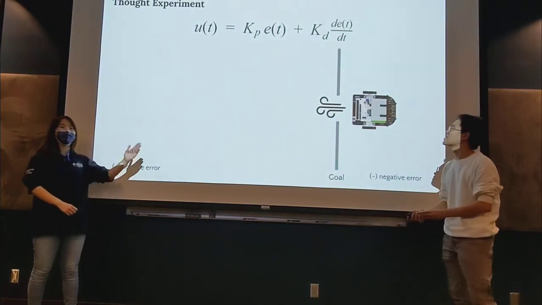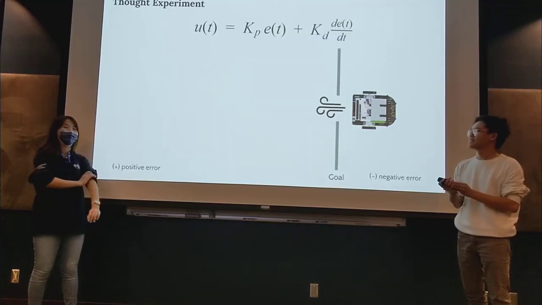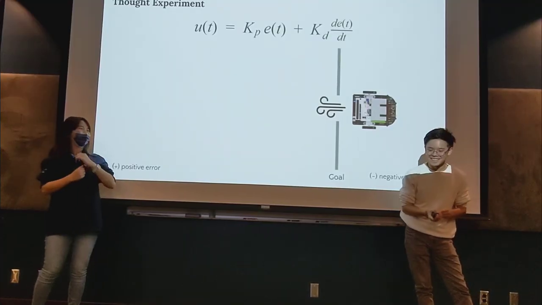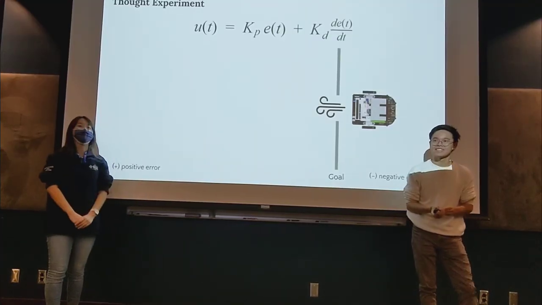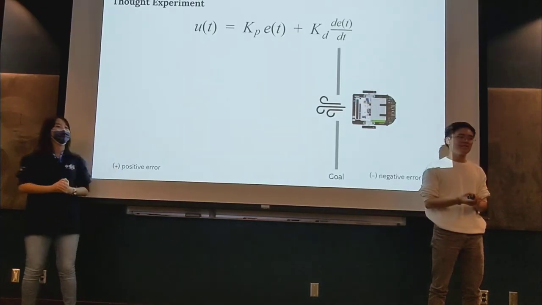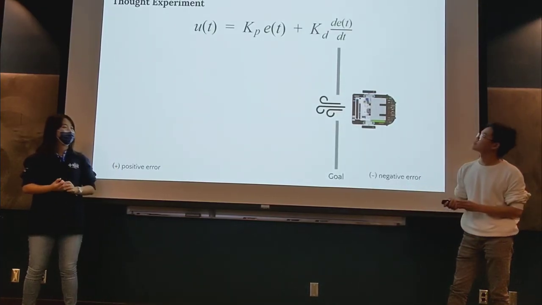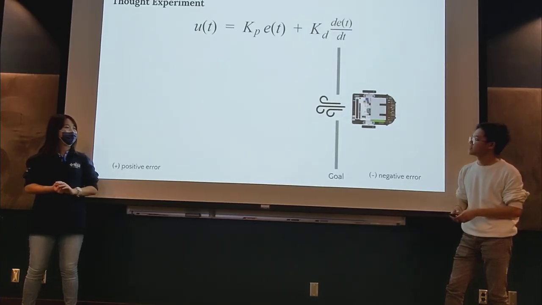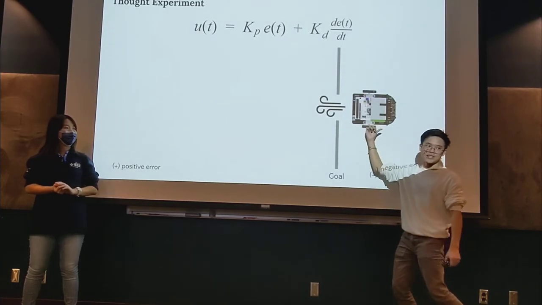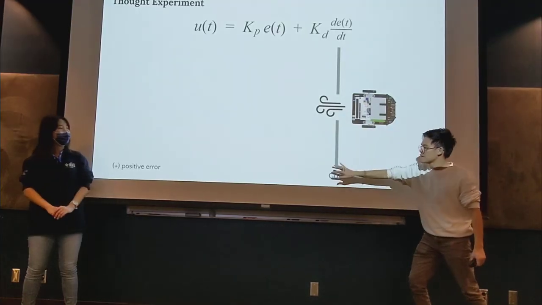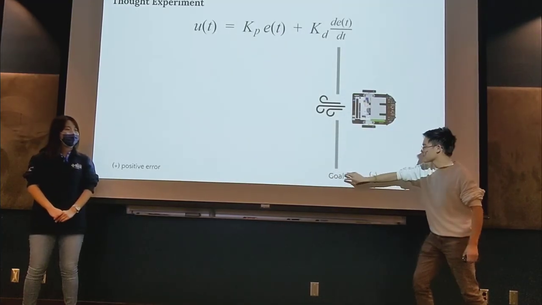Now, in the case of overshoot, would someone like to tell me how the error term is and how the derivative is? The error term is negative and the derivative is positive. Wait, no. Keep in mind, it's still heading in this direction at this point in time. Still negative. So it's going from zero error to negative error.